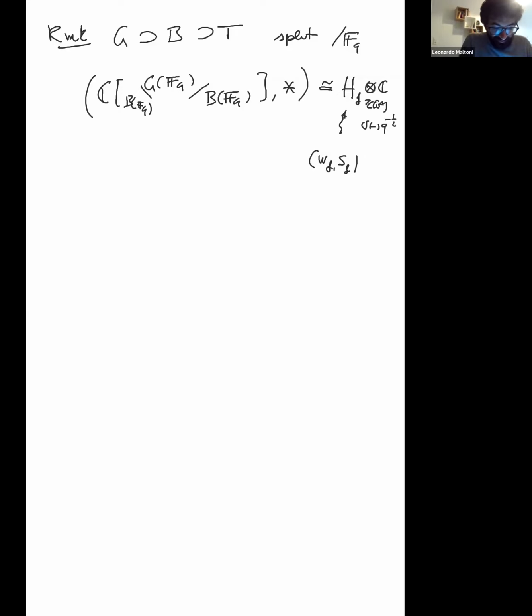So the study of representations of the Hecke algebra is important for the study of representations of finite reductive groups. And we also have an affine version.